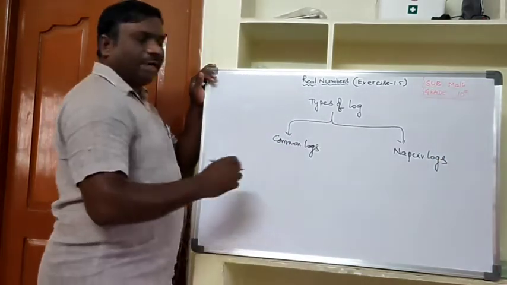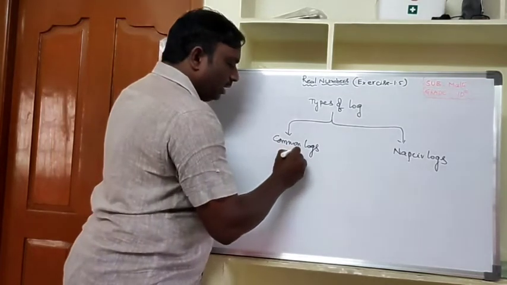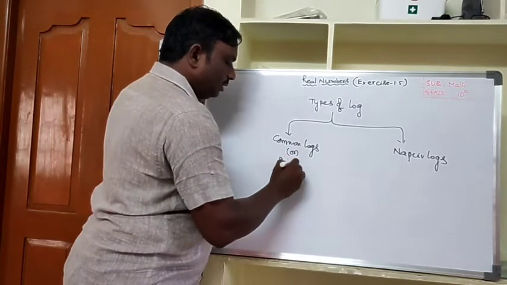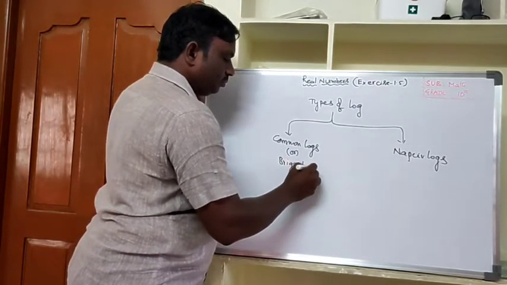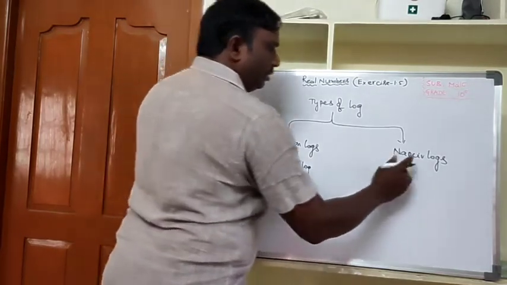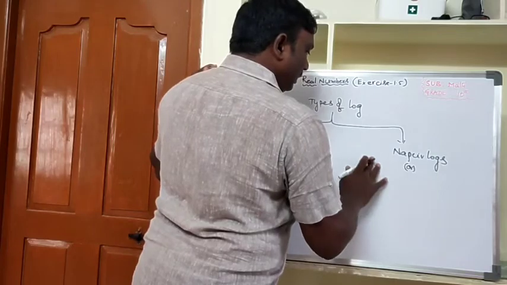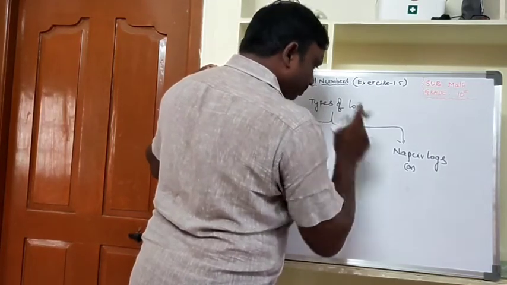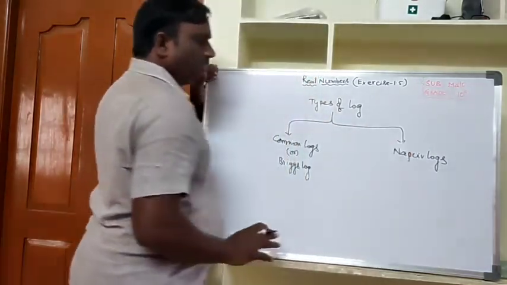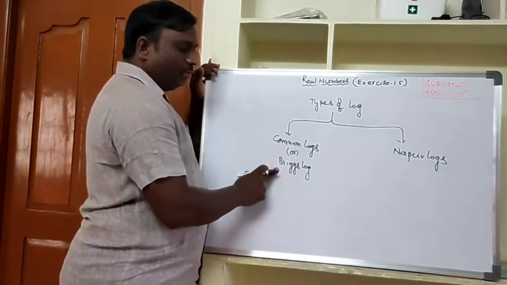Common logs and Napier logs. Common logs, another name is Briggs logs. And Napier logs, another name is Napier logarithms. Common logarithms and Briggs logarithms are the same.